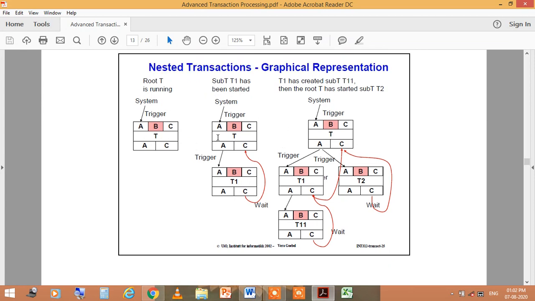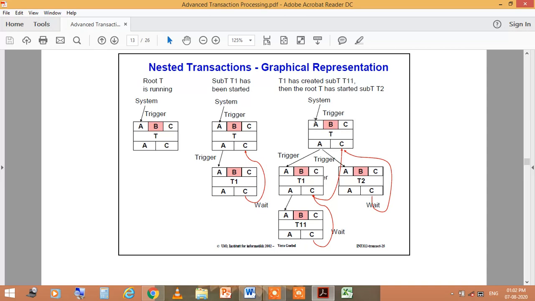This is the open nested transactions, and this is a nested transaction in terms of graphical representation. You see here, this is the root T is running system, this is trigger on A, and here you see that sub T, means T1, has started, so A is on trigger, and again A is trigger, means there is a sub part, okay, sub transactions. That's why here I am writing T1, okay. So if you have to wait for that, then go to the previous one, so there is a rollback condition.